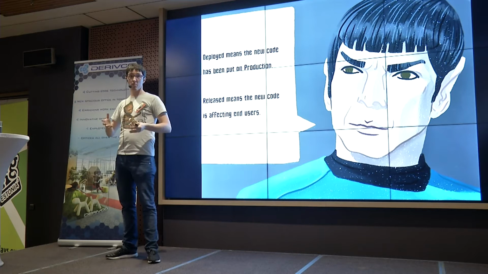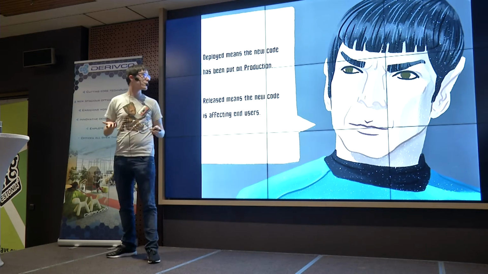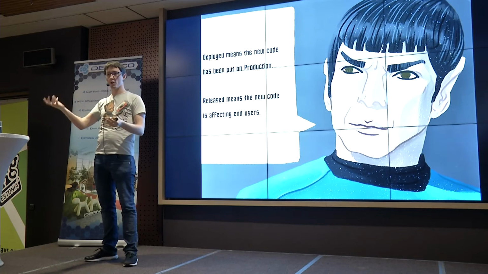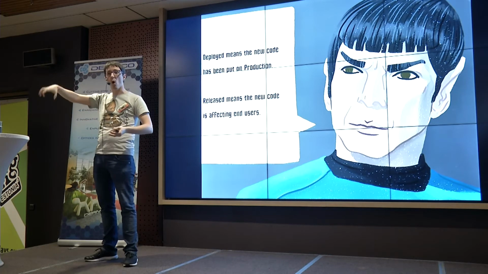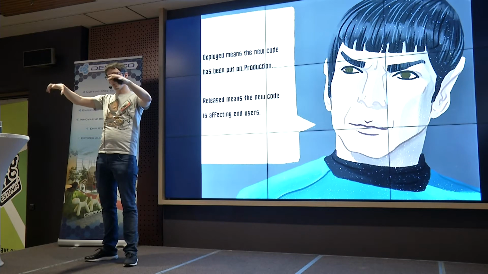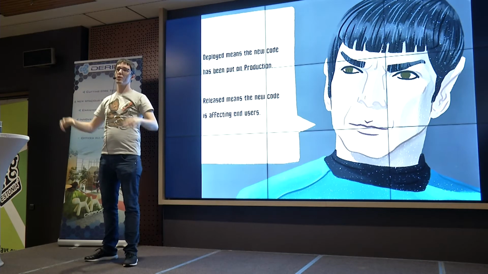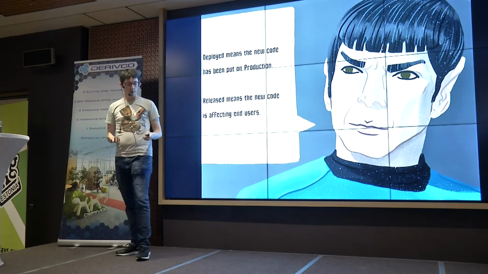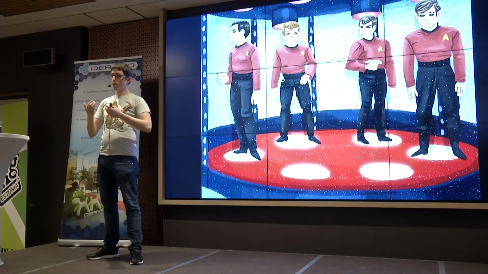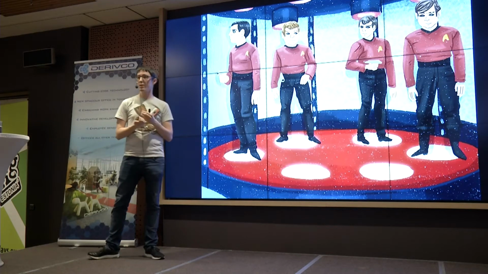A lot of people think, and I think that too, that there's value in distinguishing these two terms. Deployed means the code is installed on the production servers, and released means it's affecting end users, it's live. If you make this distinction, you can think about pushing more of your testing to production.